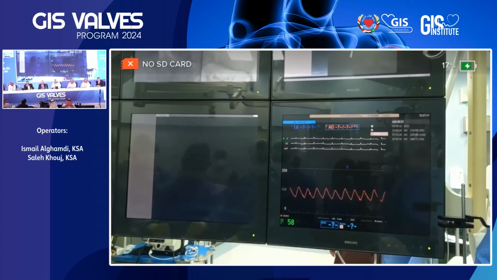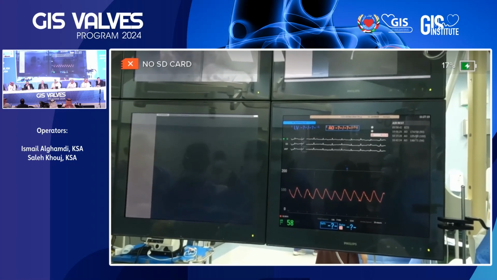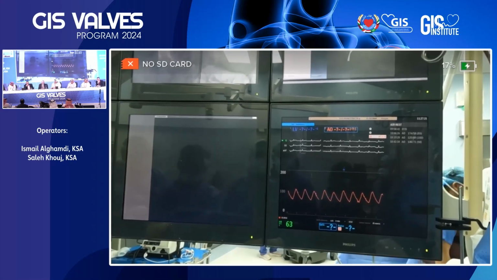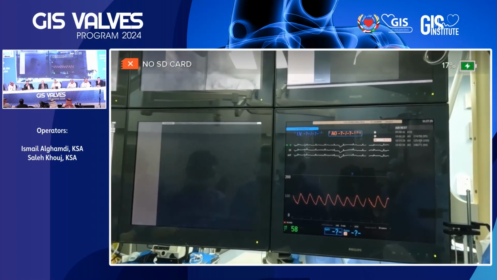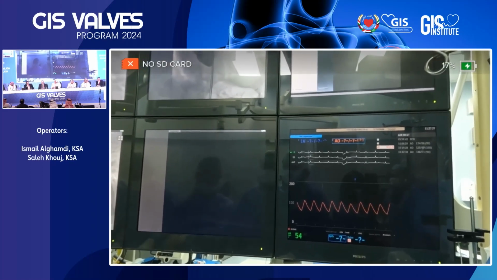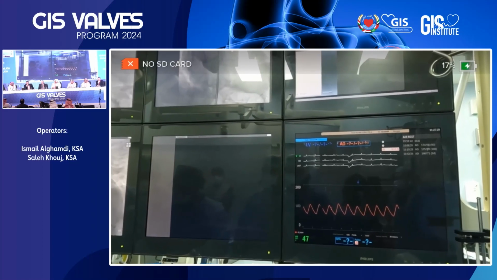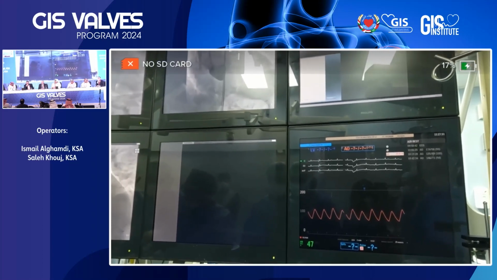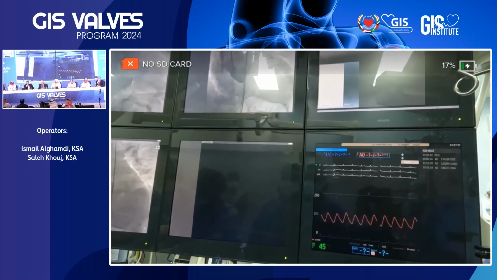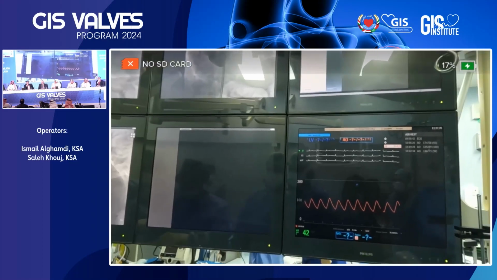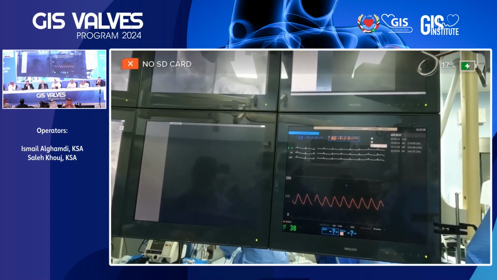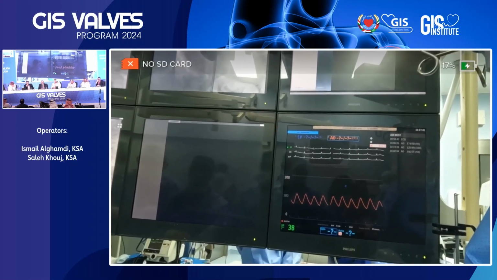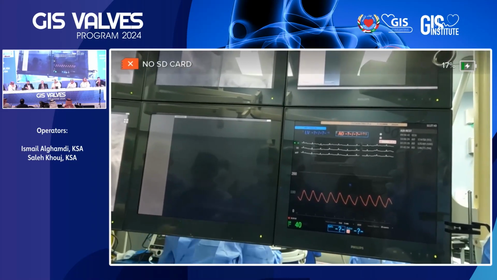No, we did not take an in-depth gradient. It was by the echo. So do you have the gradient post-procedure, Saleh? The echo is in the room now. So you do not have a hemodynamic gradient? Hemodynamically, no. We usually rely on the echo. Sure. Okay.